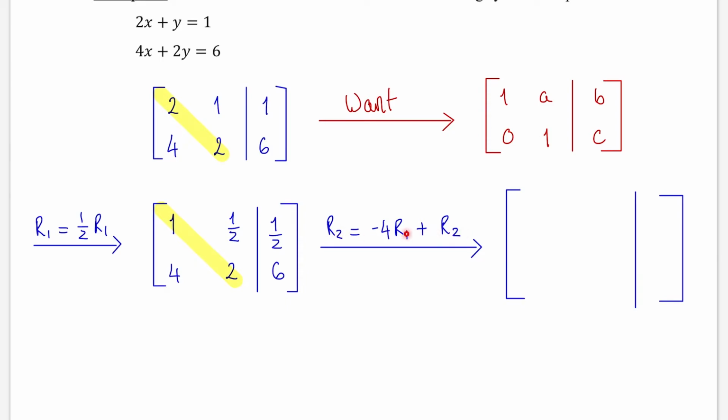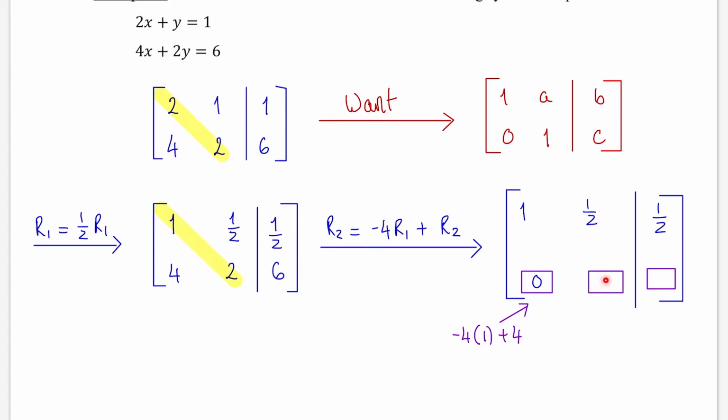Now, this process does not do anything to my row 1, so my row 1 stays the same: 1, 1/2, and 1/2. For my row 2, I have 3 elements, and for each of these elements, I am using this rule right here. For the first element, I take -4 times row 1 plus row 2. So -4 times 1 plus 4, that is 0.